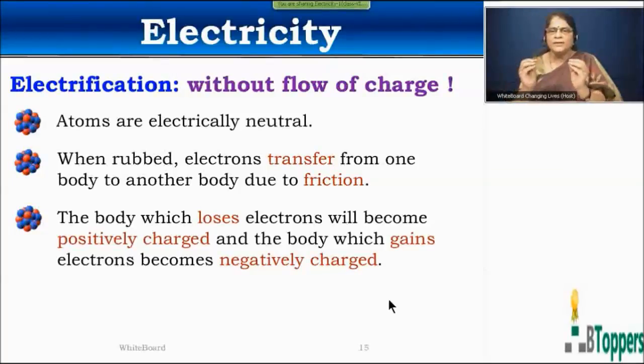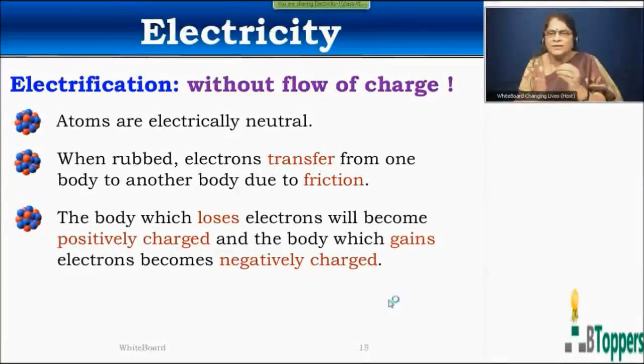Now two bodies are there, both of them having equal quantity of positive and negative charges. Now when they are rubbed, due to friction, some electrons from one body get transferred to the other body. Then what happens? The body which loses the electrons will have less number of electrons now. Earlier there were equal numbers of positive and negative charges.